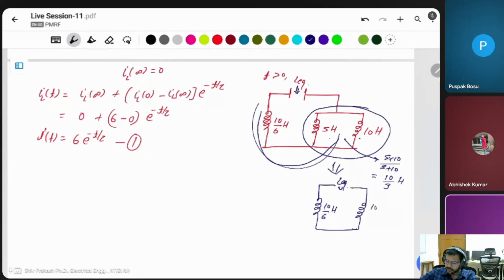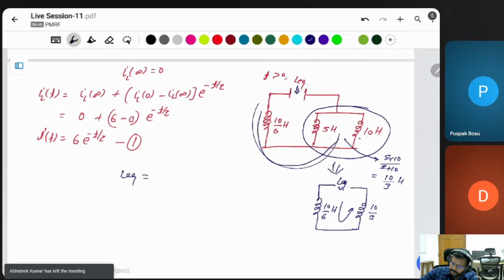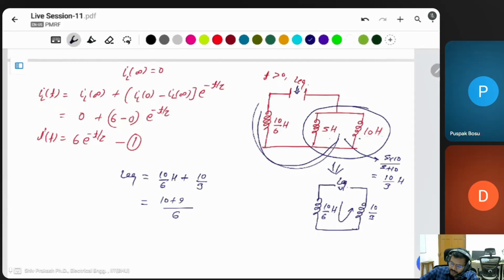This will be 10 by 3. Now you can see these two are connected in series. Then what is the L equivalent? Simply you can add these two: 10 by 6 Henry plus 10 by 3 Henry. Taking 6 as the LCM, 10 plus 20, this will be 30 by 6, which is 5 Henry.